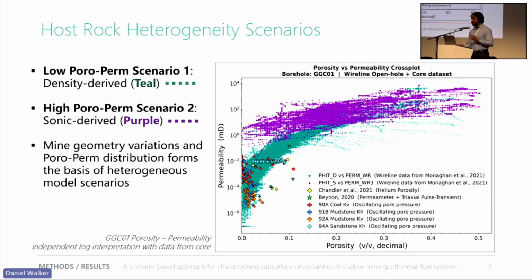And I was able to get 2 different distributions, a low case porosity permeability scenario 1 in teal, and a high case porosity permeability scenario 2 in purple. And I've also calibrated this to some experimental data, which has been published also. So let me stop on the static model side of things, and I'll share with you some dynamic simulation results from OpenDARTS.